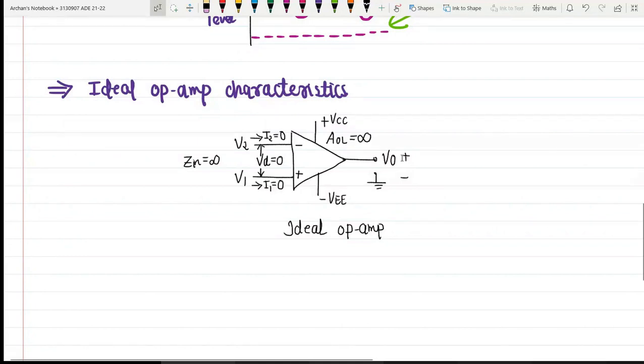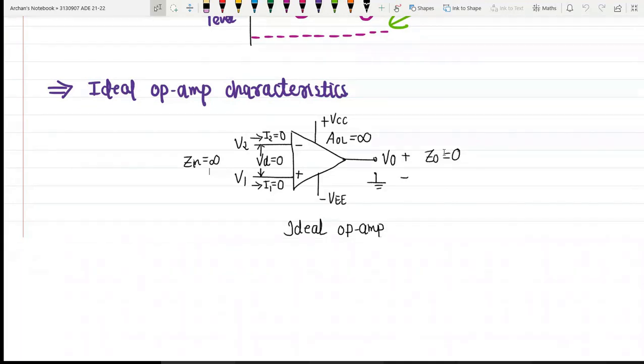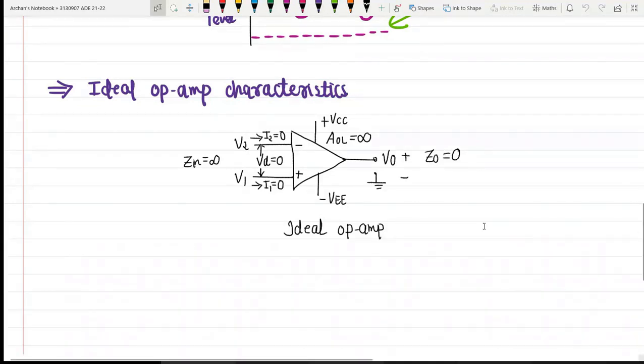Third, the output voltage V0 is independent of the current drawn from the output terminals, and thus its output impedance ZO will be equal to 0, and hence the output can drive infinite numbers of other circuits. These properties are generally expressed as the characteristics of the ideal amplifier.